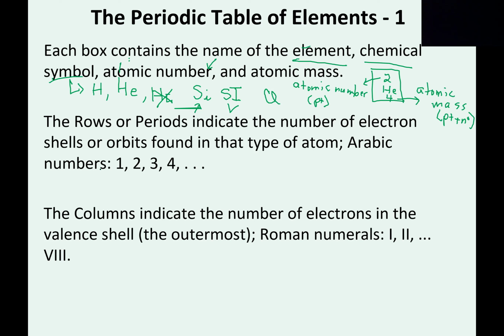The rows, which go across, are going to tell you the number of electron shells or orbits found in the atom. They get distinguished with Arabic numbers 1, 2, 3, 4.